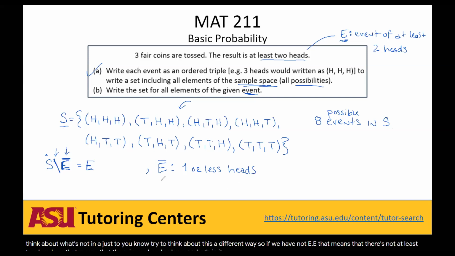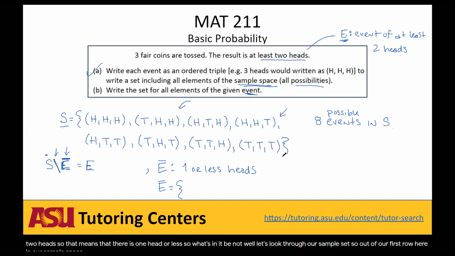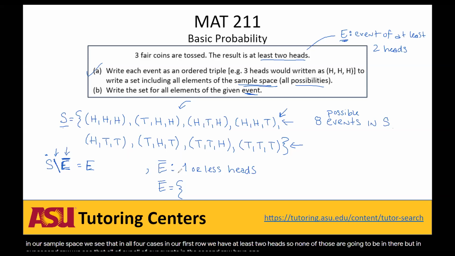So what's in not E? Well, let's look through our sample set. Out of our first row here in our sample space, in all 4 cases in our first row, we have at least 2 heads. So none of those are going to be in there. But in our second row, all of our events have 1 head or less.